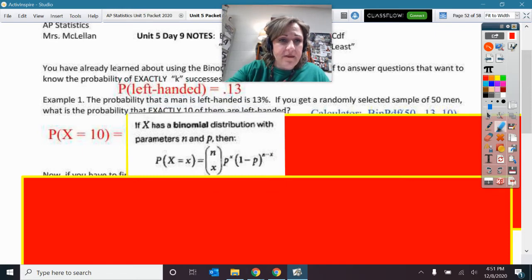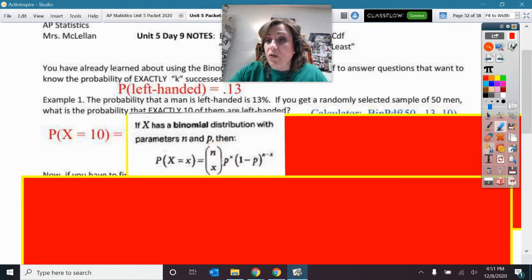So here we have that 50 choose 10 successes. Our probability of success was 0.13 and we want 10 of those. So our failure probability was 0.87, and if we have 10 successes, how many failures do we have?